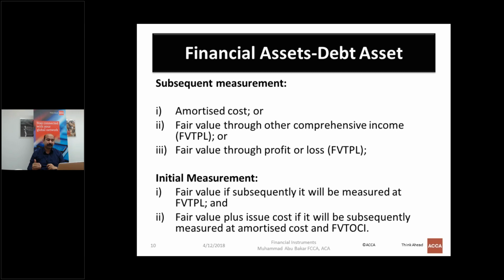The second exception is your trade receivables, because a trade receivable is also a financial asset, a debt asset, because for the other party this is a debt. Its value will be determined using the criteria given in IFRS 15. Subsequently, of course, you will be applying IFRS 9.